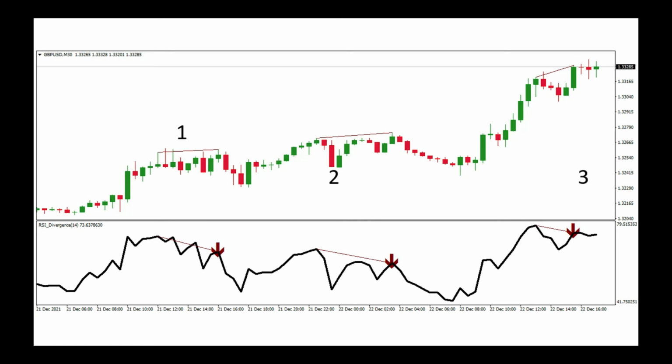One good reason why I think there is a bigger probability of a bearish trend is that the US dollar is very, very strong right now, and the British pound has been in a bearish mode for the last several weeks and maybe months. So there is a high probability that right now is a good spot to sell, for example.